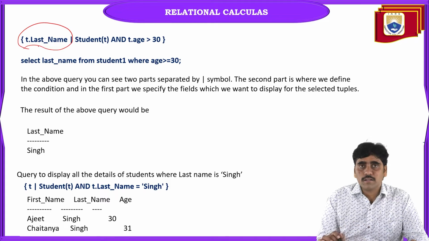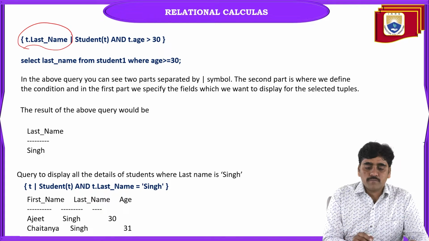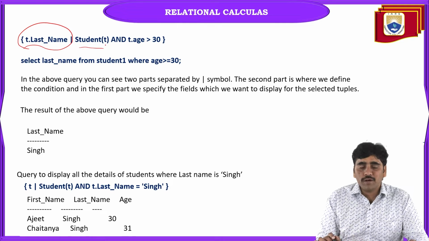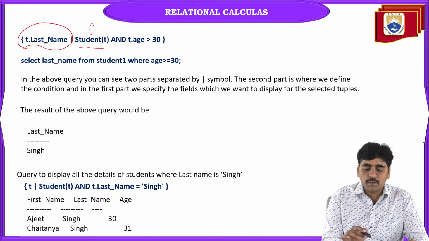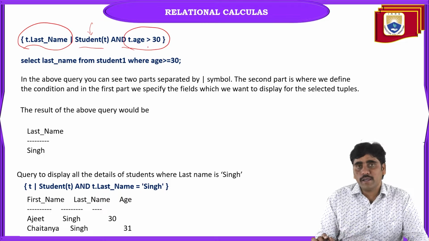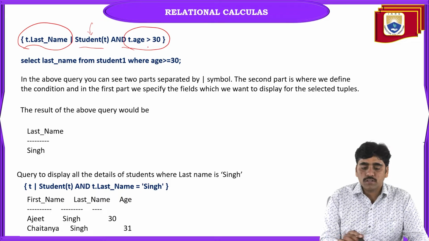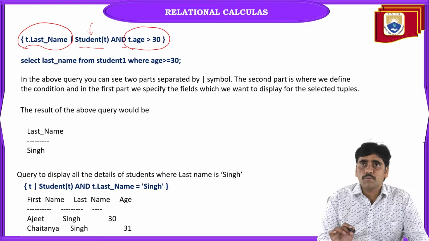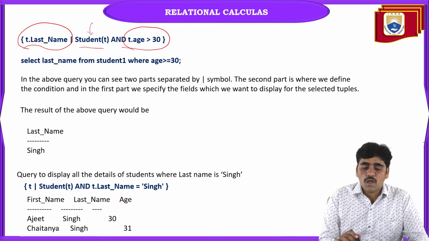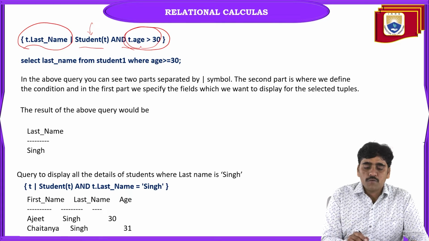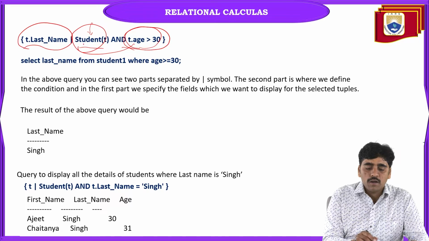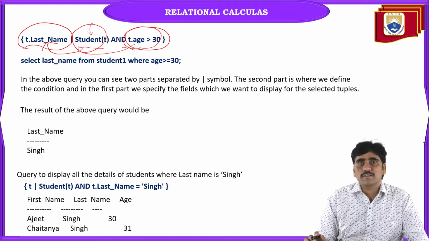So t dot last name, from the table student, and the condition is t dot age greater than 30. On this condition, from this table, we want to display the last name.